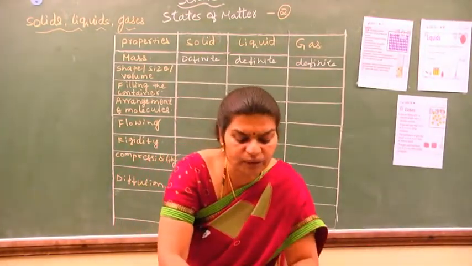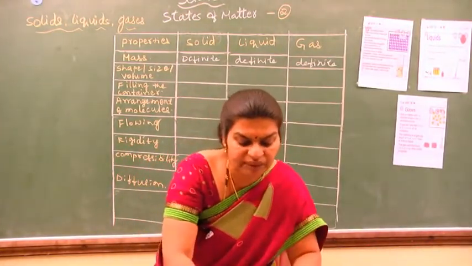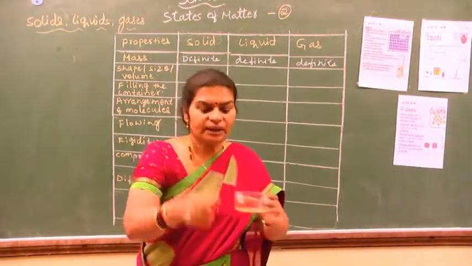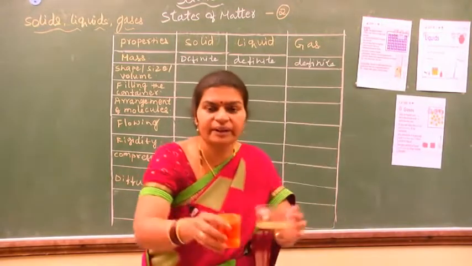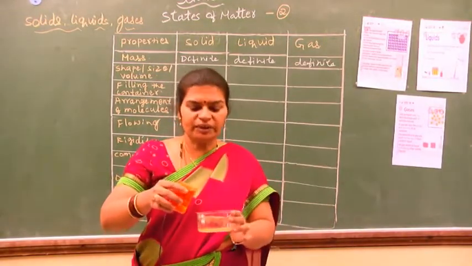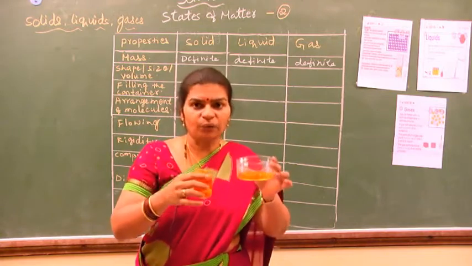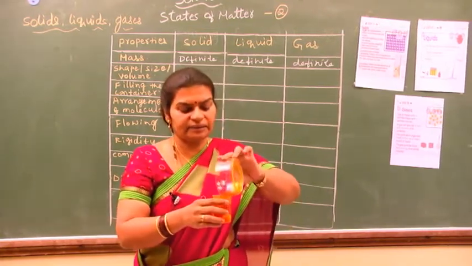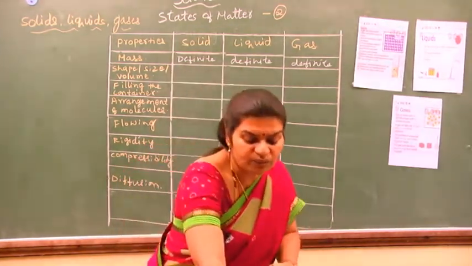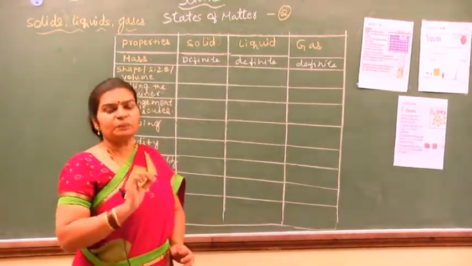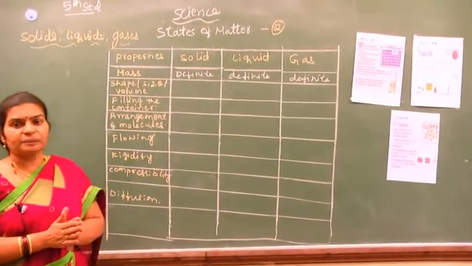And if I put the same substance inside an object which has a different shape, it will take the shape and volume of the inside of this. In that way, what is volume? Volume is the place or the space occupied by the substance.